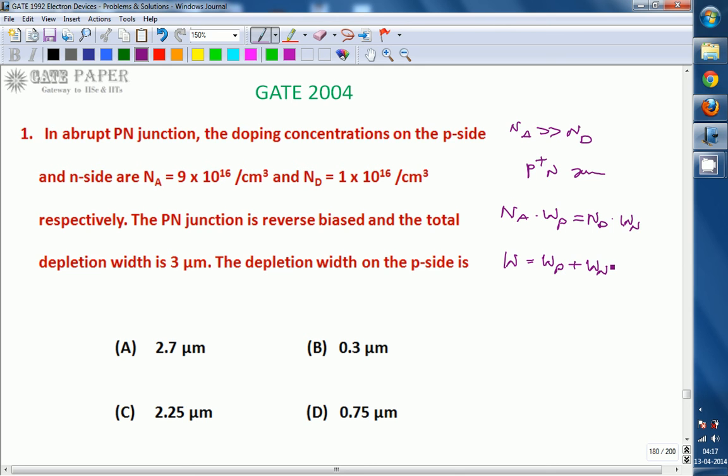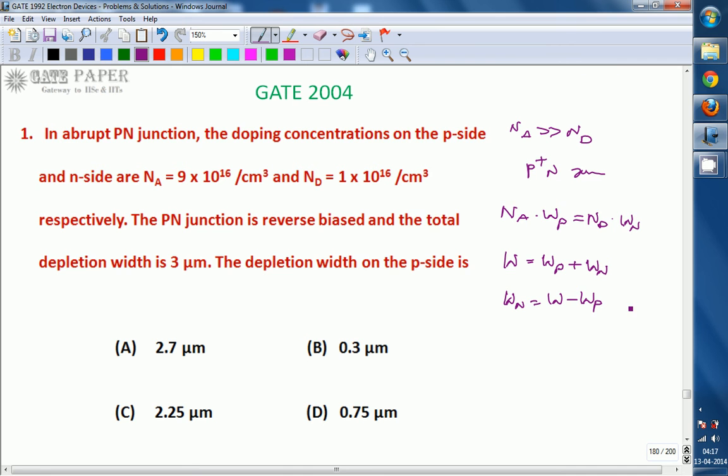From this we can write Wp plus Wn, and here we must know the depletion width on p side, so we can write Wn is equal to W minus Wp.